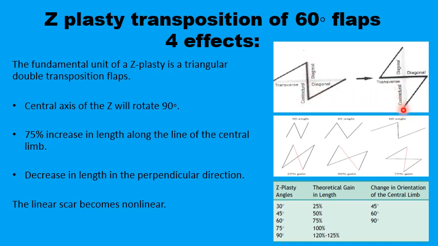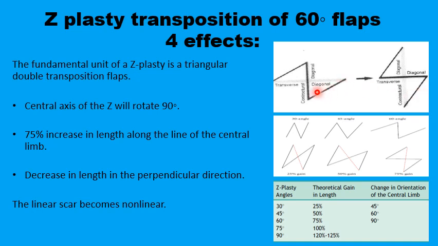It would increase by 75% if the angle here is 60 degrees. And there will be a corresponding decrease in the perpendicular dimension, so this dimension will also contract a little bit. And the shape of the wound will no longer be a linear defect or a linear scar. It will take the form of a Z.